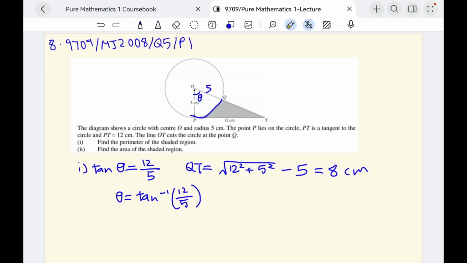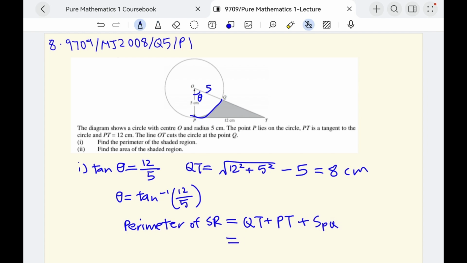So now you have the angle, you have the radius, you have the 12, as well as the length of QT that we have determined just now. So it makes your job easier to find the perimeter of the shaded region. I just write the perimeter of the shaded region equals the length of QT, PT, and the arc length of PQ.